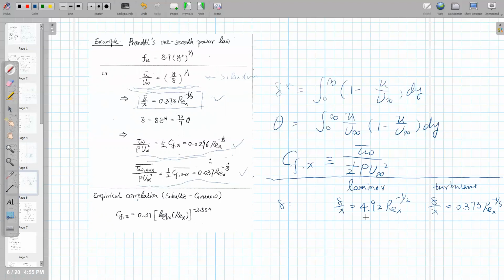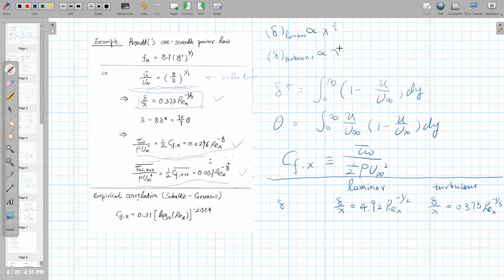Okay, so if you multiply by x on the right, it basically tells you that the delta value for the laminar case is proportional to x to the 1/2, right? For laminar, if you multiply this x to the right-hand side, and also remember that there's another x component inside this Reynolds number. And for the delta of turbulent, what do you get?